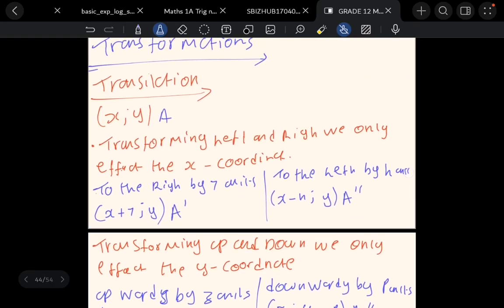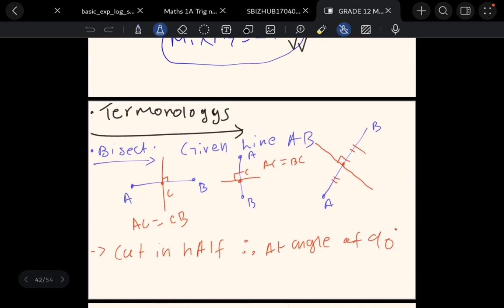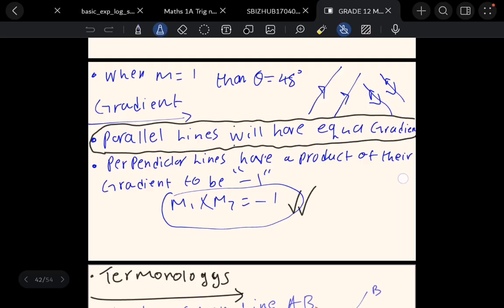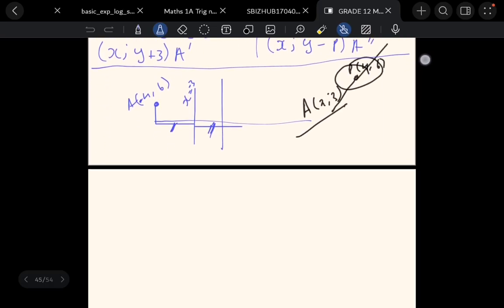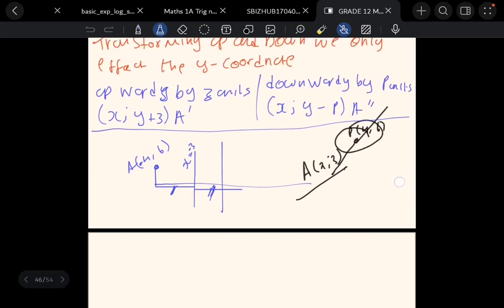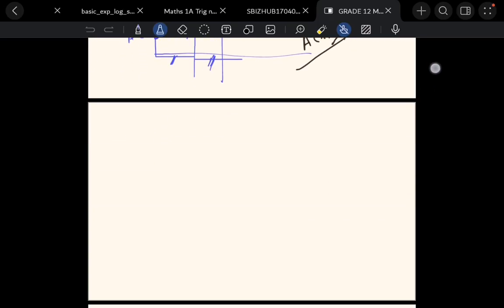Right. What is the basic info about analytical geometry? What is the basic intro? The areas. How to calculate the area of a particular polygon. I'm just going to give you a few areas, because of my exam.